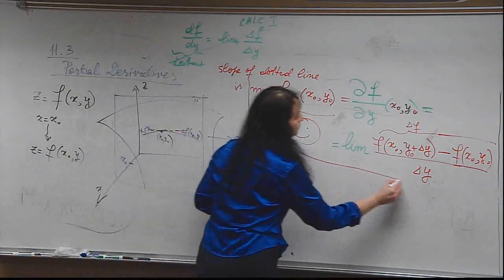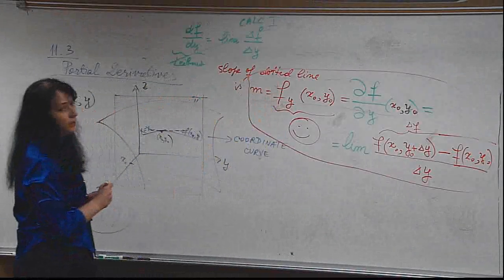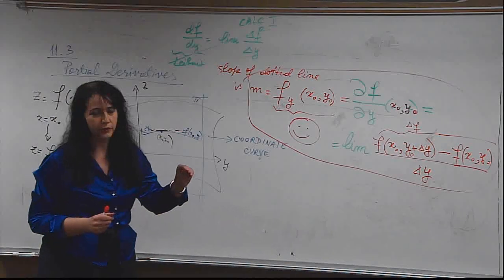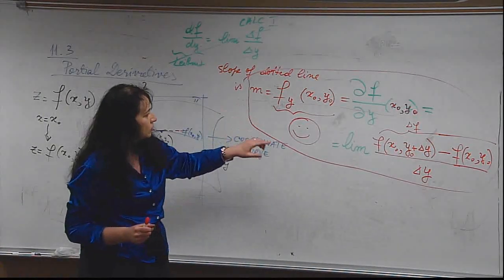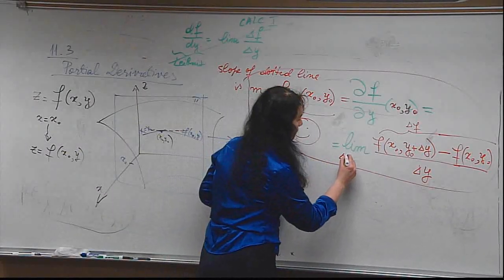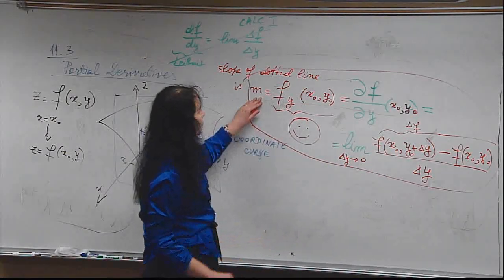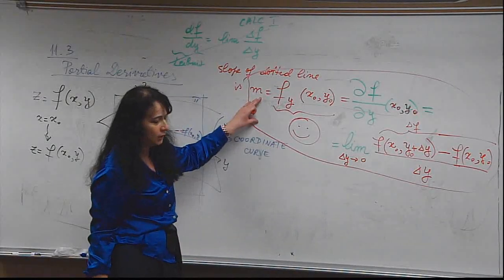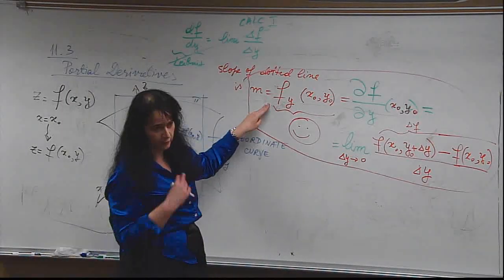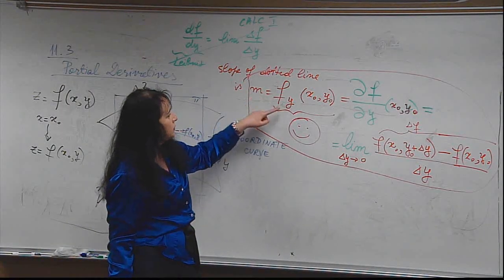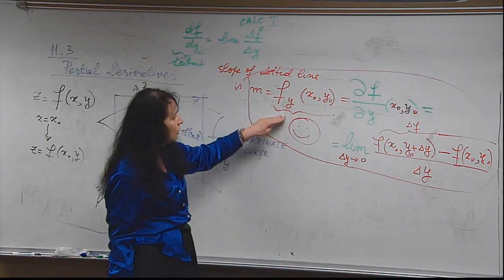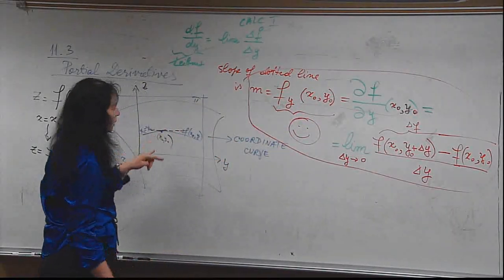I would like you to photograph this. Let me review the whole thing because it's very important. Where shall I start? It doesn't matter. The slope of this line at x0, y0, right at my point, will be, my favorite notation is f sub y at x0, y0, which means the partial derivative of f with respect to y at the fixed point x0, y0.